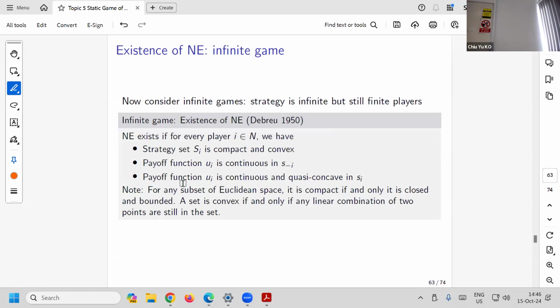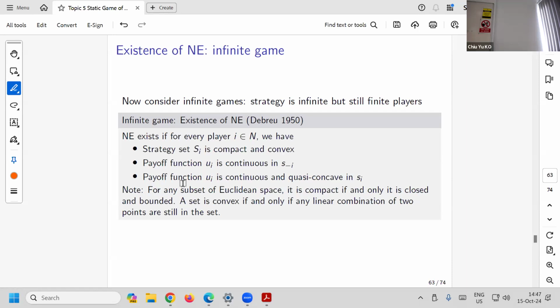It's okay to have a finite number of agents, and I don't think you would complain that we only allow a finite number of players. The only drawback is that usually we want to model the strategy space as infinite, a set with many components, because you can choose from real numbers. So the question is, does an equilibrium exist?